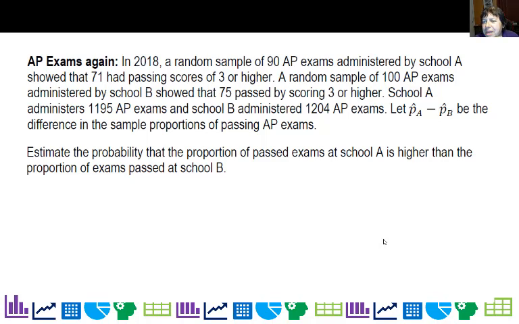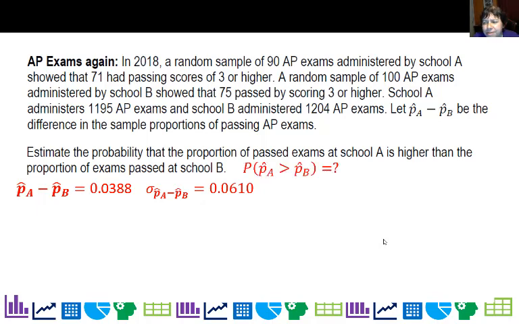Okay. Estimate the probability that the proportion of passed exams at School A is higher than the proportion of passed exams at School B. So remember, we found these two in the last bit, and we're trying to find this. And you're probably going, wait a second, how do I calculate a z-score for that? I've got two different proportions. Well, if we make it look like this, we're not in such bad shape. So we're going to subtract this from both sides, and we end up with this.